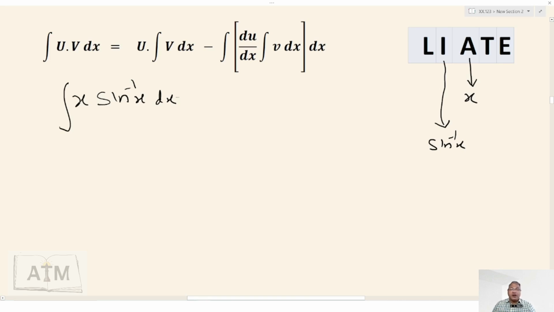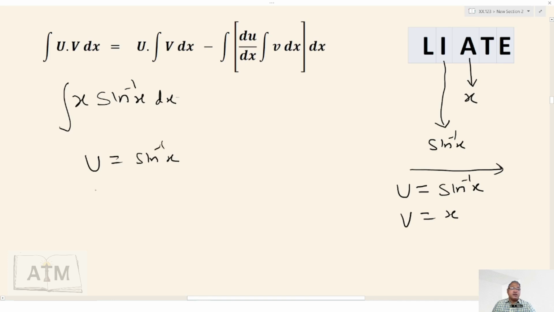No, we cannot, because according to the LIATE rule, from left to right, sin inverse x is written first. After that, x is written. Therefore, who is written first becomes u. So u is nothing but sin inverse x, and v is nothing but x. So in this question, u equals sin inverse x and v equals x. In integration by parts, the very important thing is the correct selection of u and v.